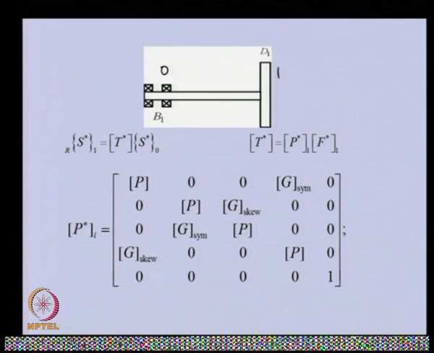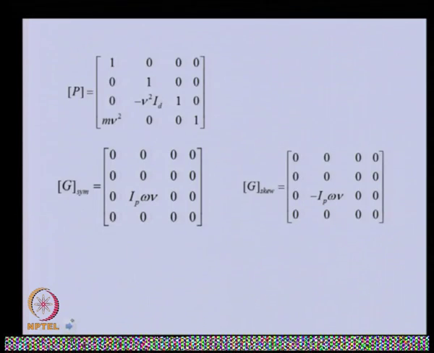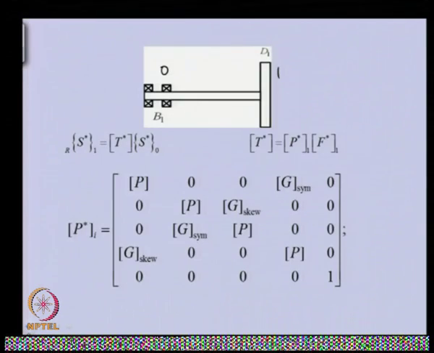So, this P matrix is this, which is exactly the same as the without gyroscopic case. The gyroscopic matrix additional terms, represented as symmetric and skew symmetric, are given here. So, you can see what will be the form of the modified point matrix for this case. We are not considering any external force here.